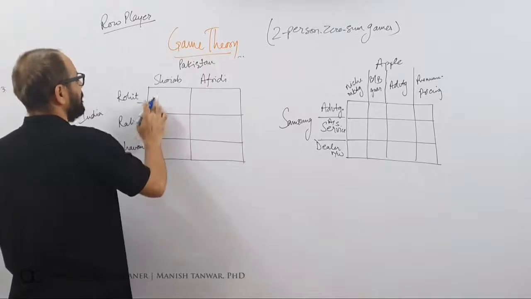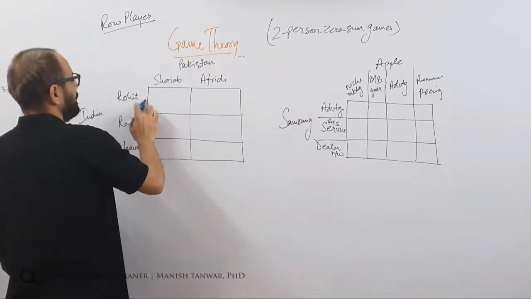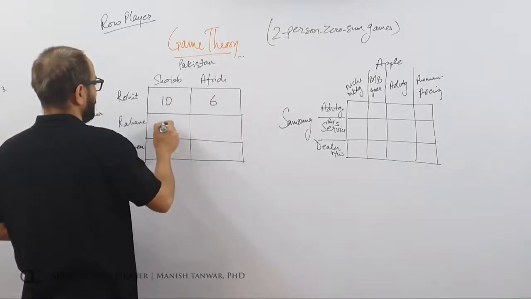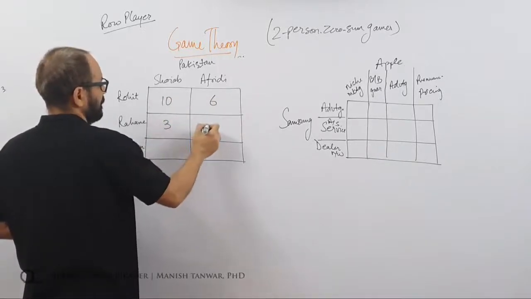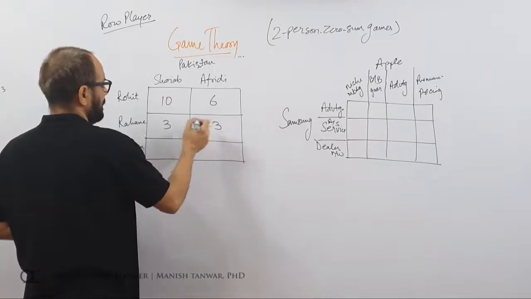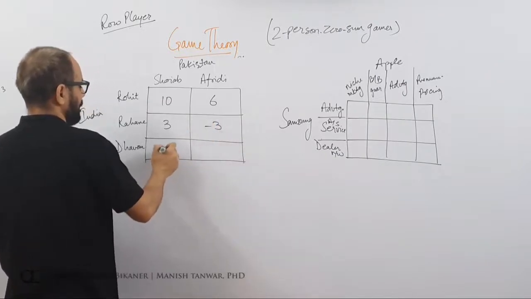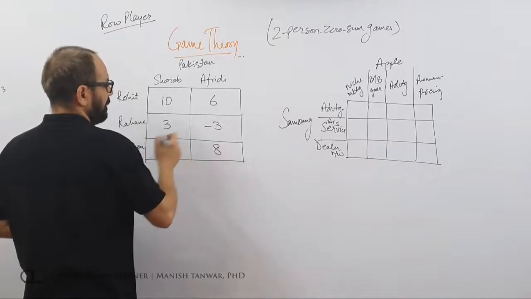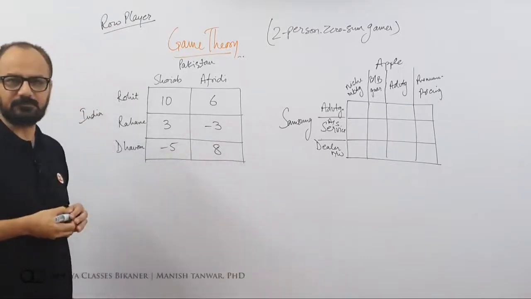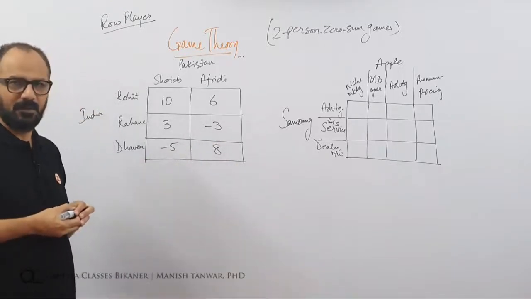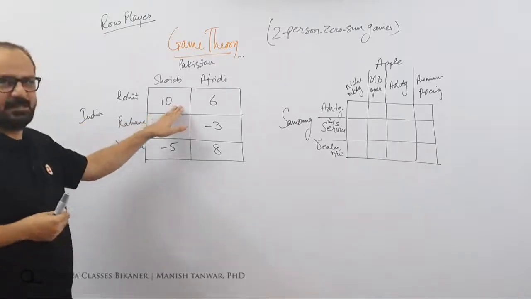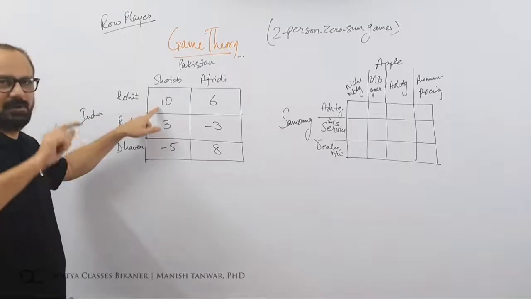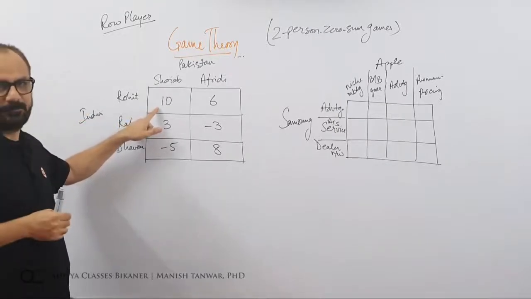Let us say we have some payoffs also. The payoffs are like this: 10 and 6, 3 and -3, and -5 and 8. Can you tell me what this 10 is? This 10 tells me if Shoaib is bowling and Rohit is batting, he will hit 10 runs in that over.